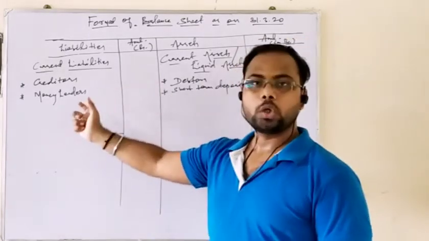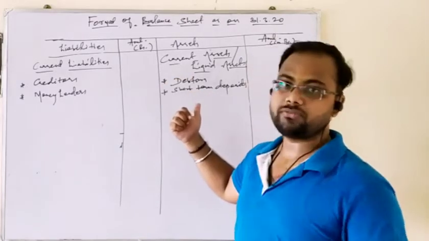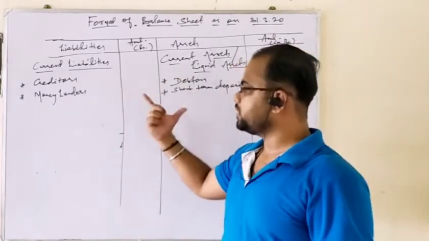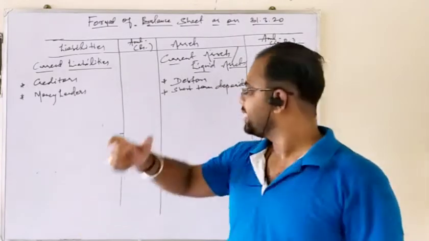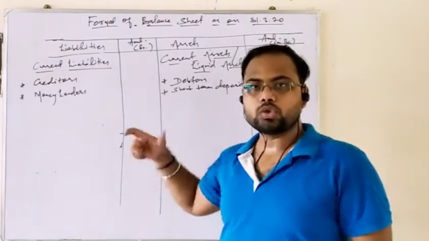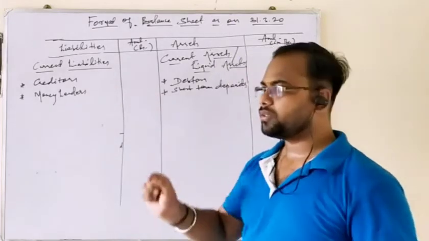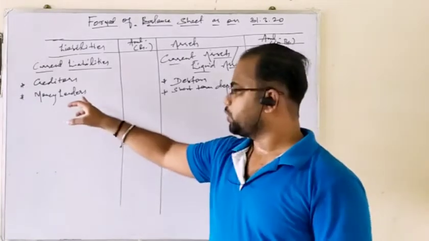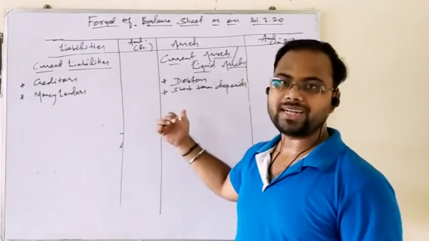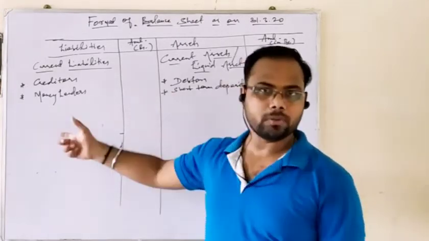Look, creditors lend you goods on credit, debtors take goods and services from you on credit. So this is opposite. Money lenders are the persons who give you short-term loans. Short-term deposits refer to deposits that you make with a person, or a short-term loan you give to a person for getting interest in return. Here you pay interest, here you will get interest. So opposite.